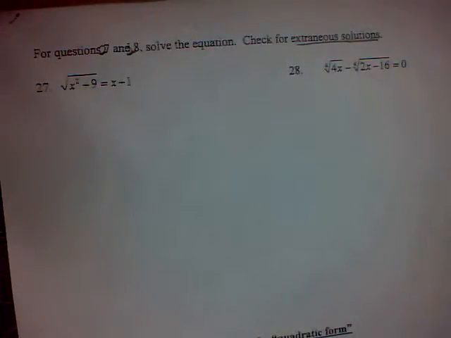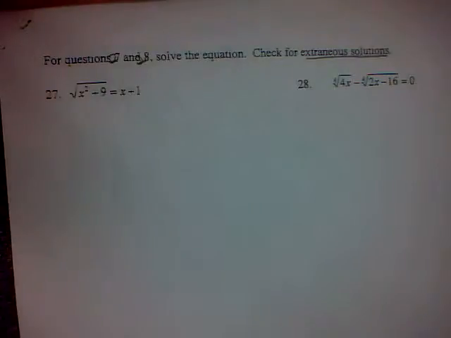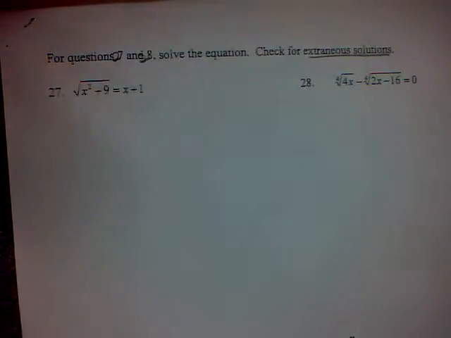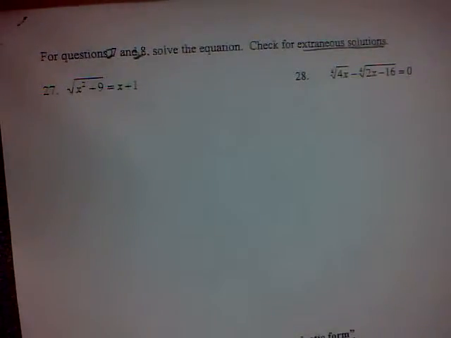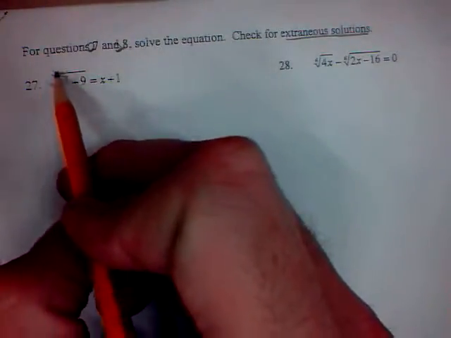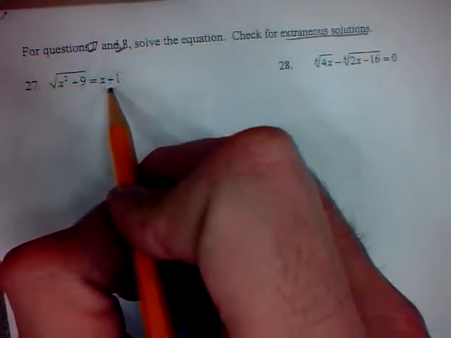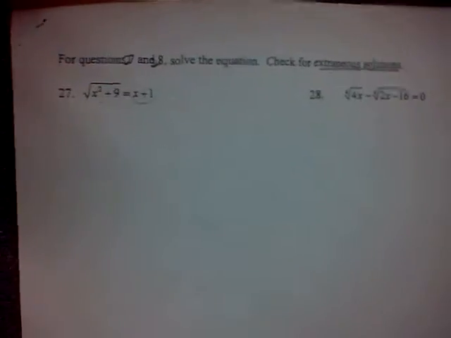Remember, anytime you have an even root, you need to be careful to look for extraneous solutions because an even power root cannot give you a negative answer. So for example, on this one, we have a radical here equaling x plus 1. So the smallest this radical could ever turn into is 0.